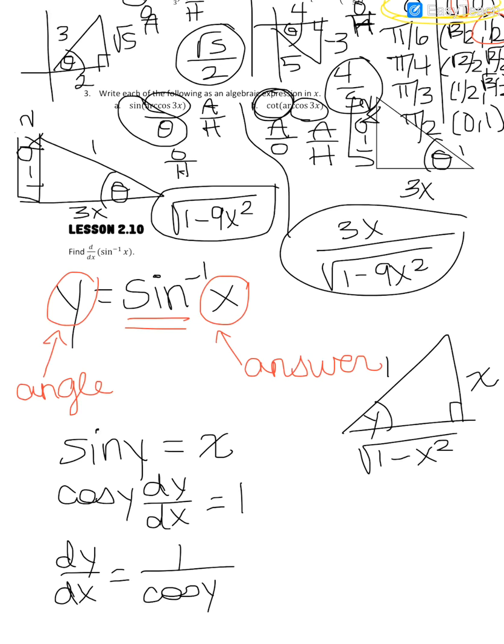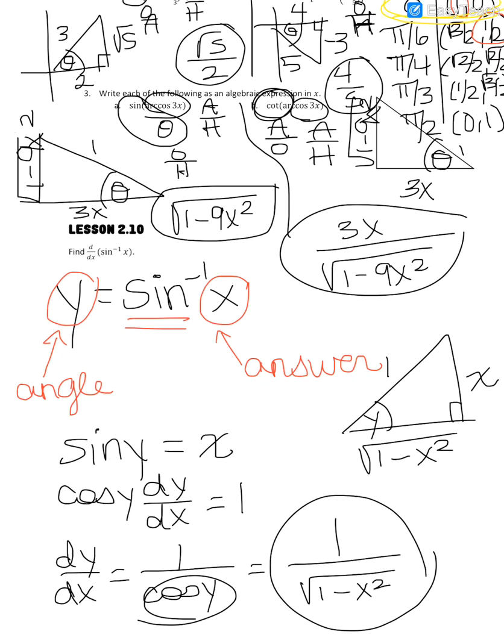So what I can do now is I can actually substitute this into my formula right here, doing the cosine of y. The cosine is adjacent over hypotenuse, so that would be radical 1 minus x squared. Okay, so that is the derivative of inverse sine of x.